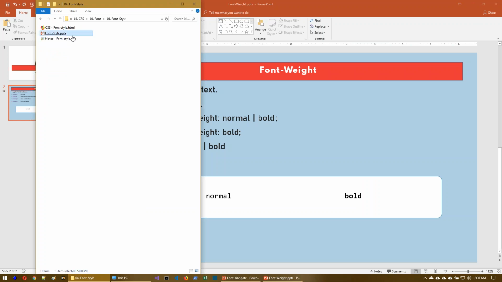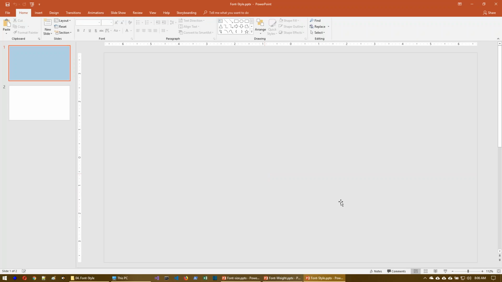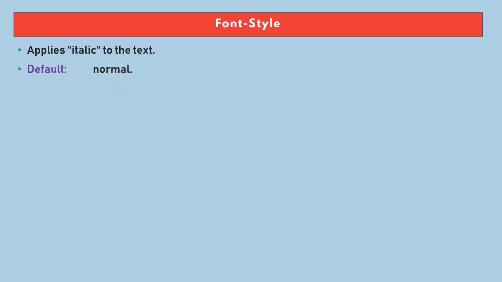Next property, font style property. It will apply the italic for the text. Font style has two options, normal and italic. Normal means the default. Italic means it will apply the italic.